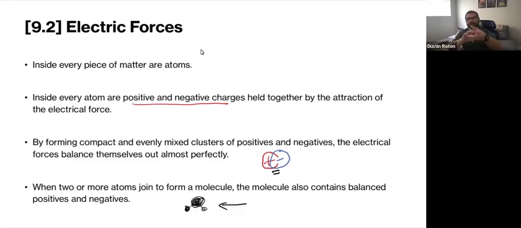So even though you've got a positive negative thing going on, you can actually have them in different places. So you have some positive over here, some negative over here. So there could be some slight charge separation. But usually you're going to have a balance even after things combine.